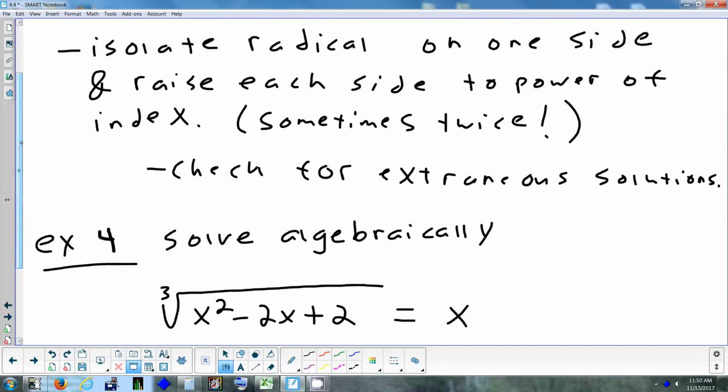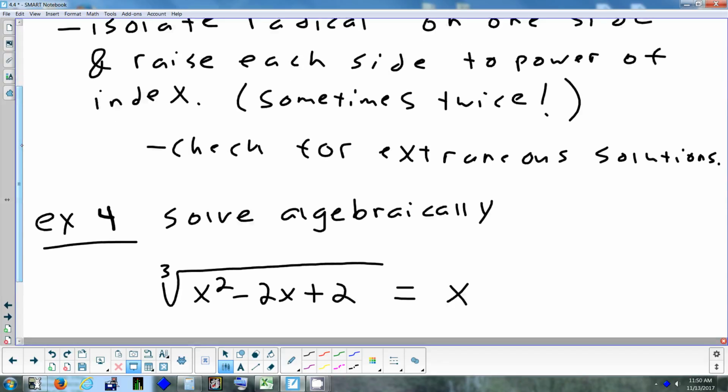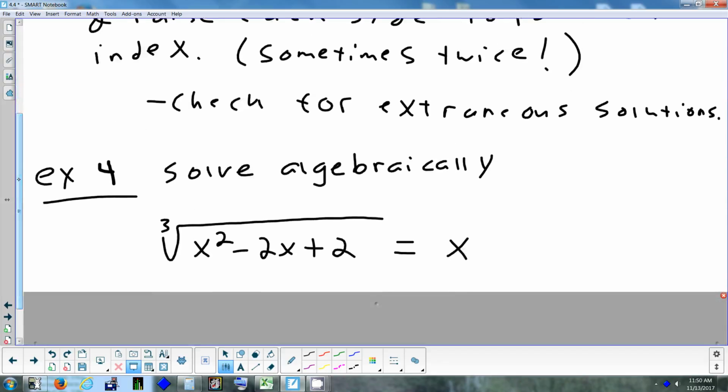Okay, so step one, isolate the radical. That's done. Next, raise each side to the power of the index. Michael, what's my index in this example? 3. So I'm going to cube each side. Thank you.